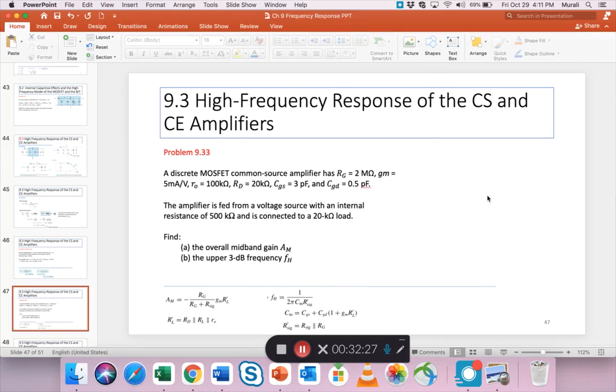So what we are noticing is the high frequency response is not going too high. For some reason the cutoff frequencies are in kilohertz and not necessarily mega or giga. But I hope you were able to follow the simple steps behind the application of these formulas to find the midband gain and the high 3 dB frequency, the high cutoff frequency.